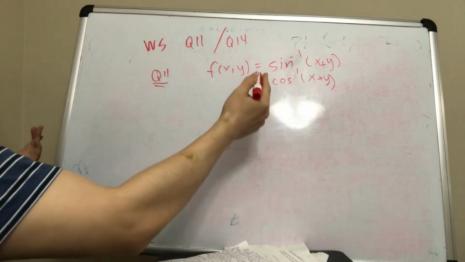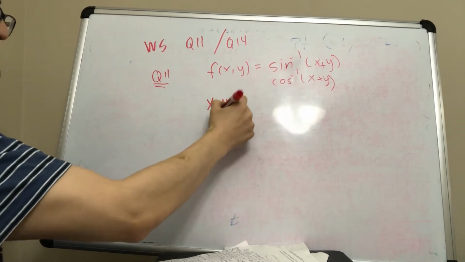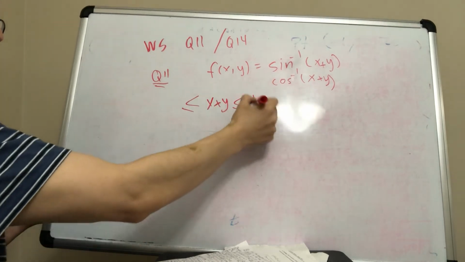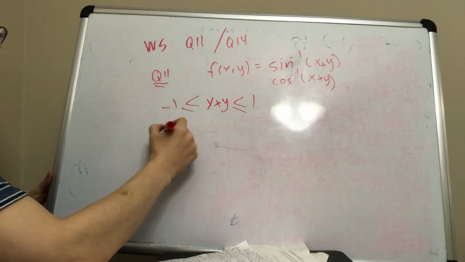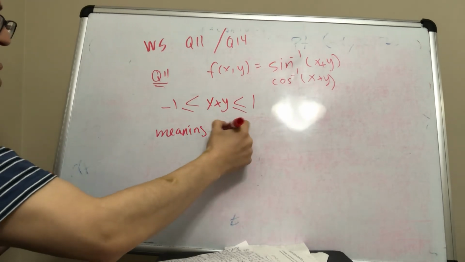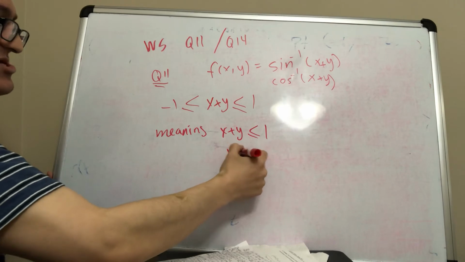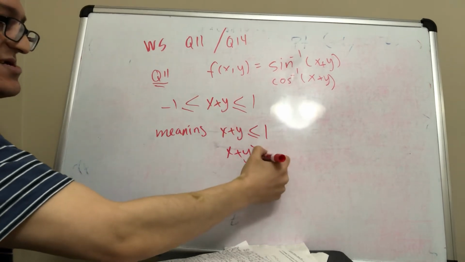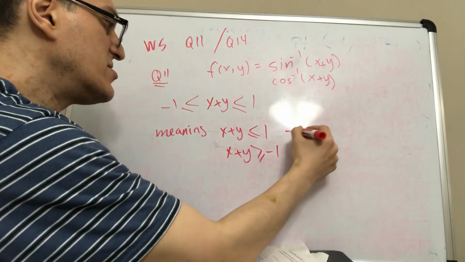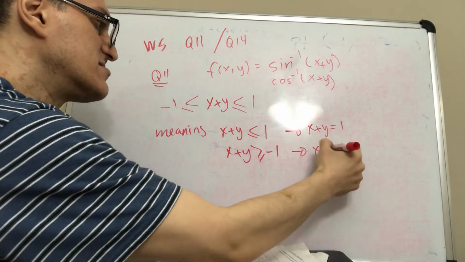Okay, that means the domain of this must be somewhere between 1 and minus 1, meaning x plus y must be less than 1, and also x plus y must be greater than negative 1. So we go here and we sketch both lines.